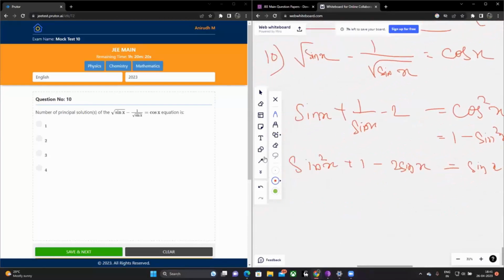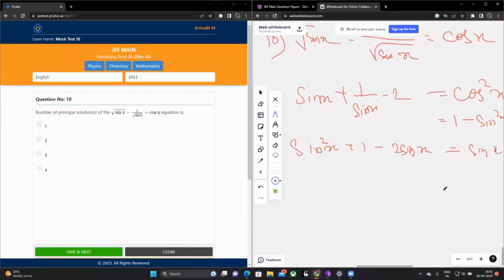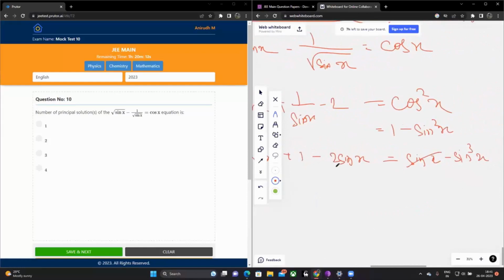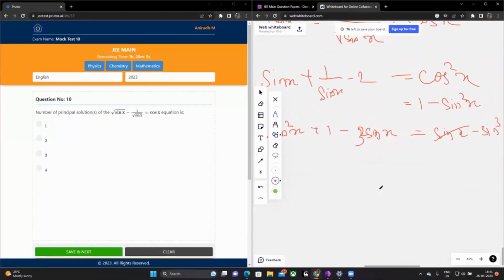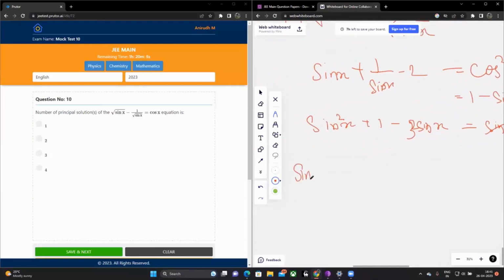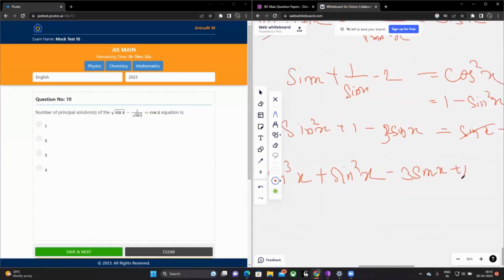So now I bring the 3 sin x over here, and bring this sin cubed x here to get a cubic equation: sin cubed x plus sin squared x minus 3 sin x plus 1 equals 0.